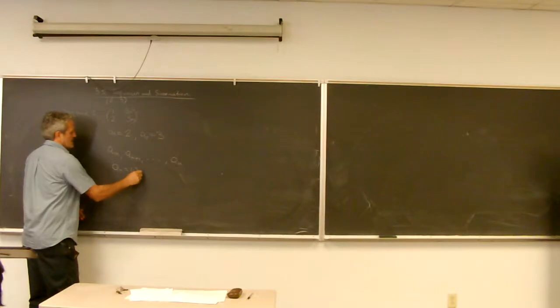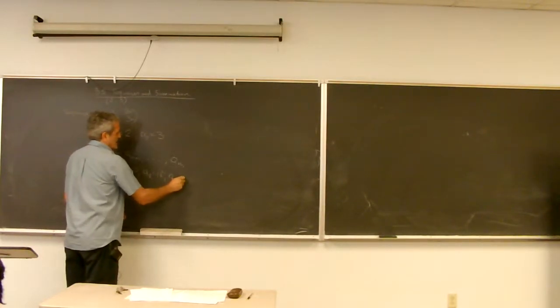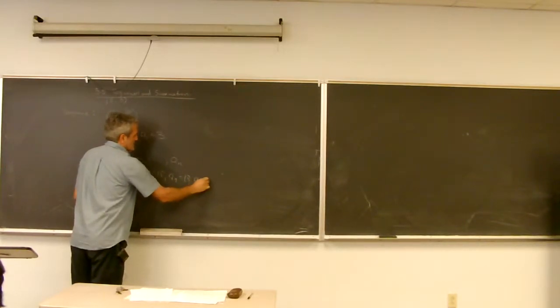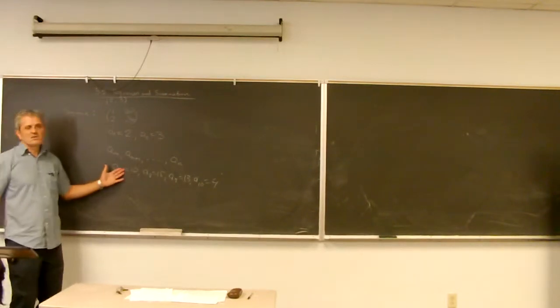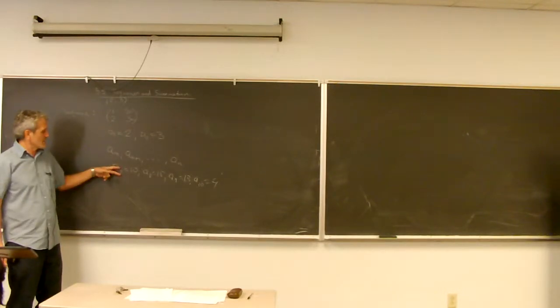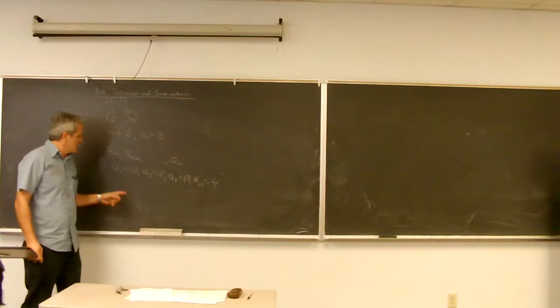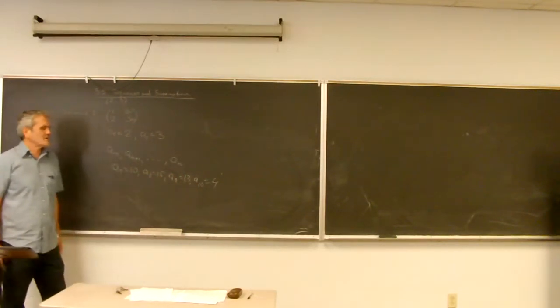A7 equals 10, A8 equals 15, A9 is 13, A10 is 4. So here is one sequence, and then we say what? It is a sequence of length 4. First member has index 7, then index 8, 9, and 10. So here are the indexes, and then you also have the values of the members.